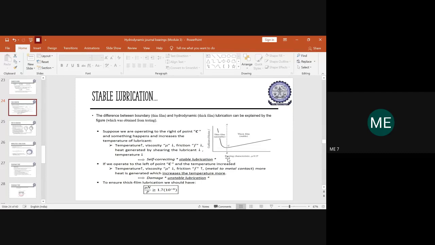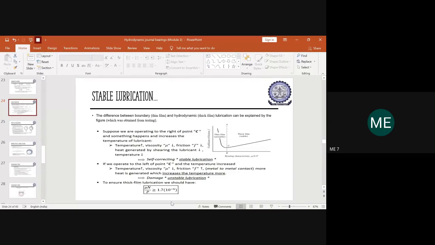To make a smooth flow across the bearing and the journal, we should always see that the required film of the lubricant is achieved. You have to always see that the value of mu N upon p is greater than or equal to 1.7 into 10 raised to minus 6.